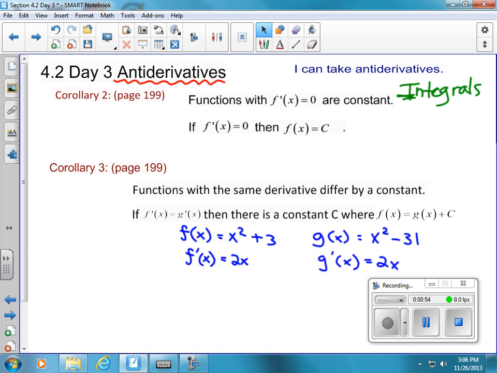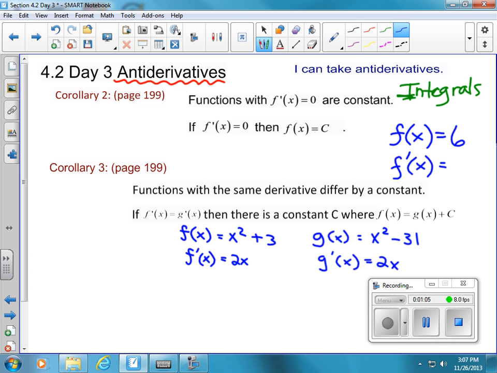Okay, all that means is that if you have a function equal to 6, the derivative of that function is 0, right? So you can really have any number. Functions with the same derivative can differ by a constant. If you take the derivative of this f function, and of this g function, you get the same derivative.